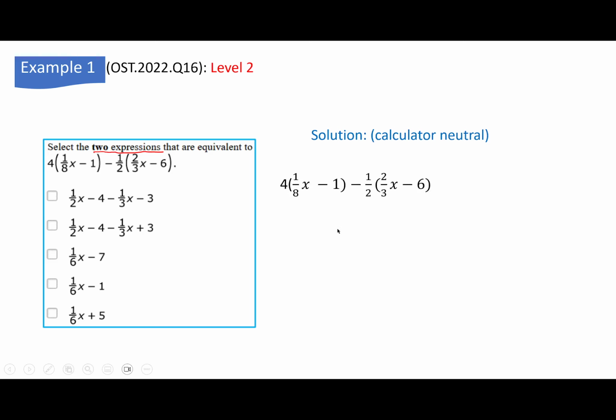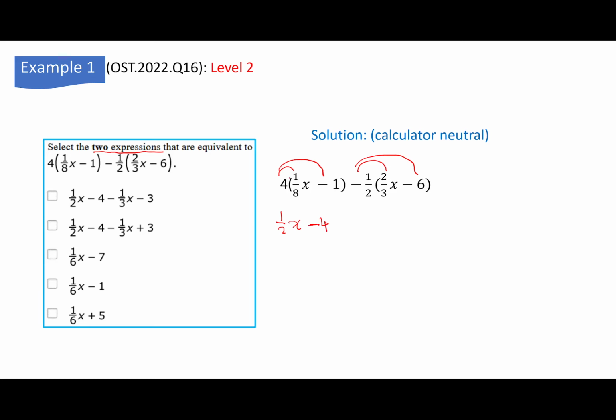So here we have to do it like this. 4 times 1/8 is 1/2. That would be 1/2 x. 4 times plus 4 minus 1 is minus 4.